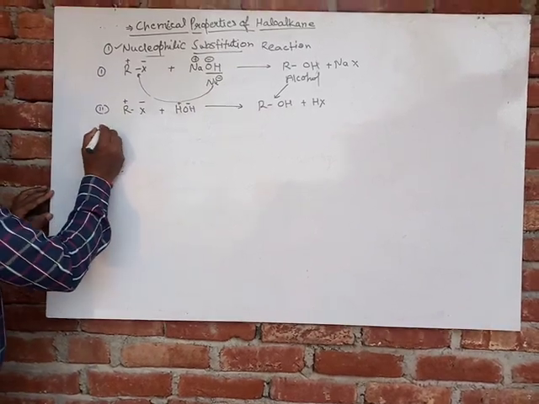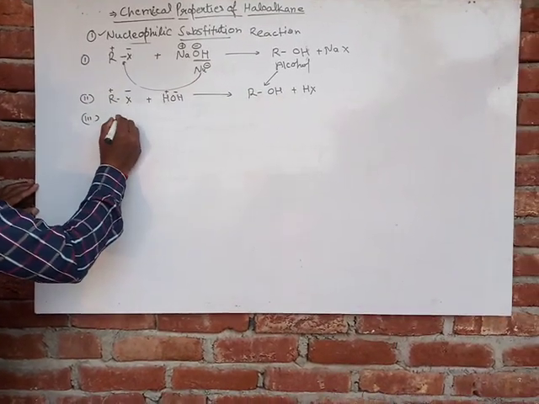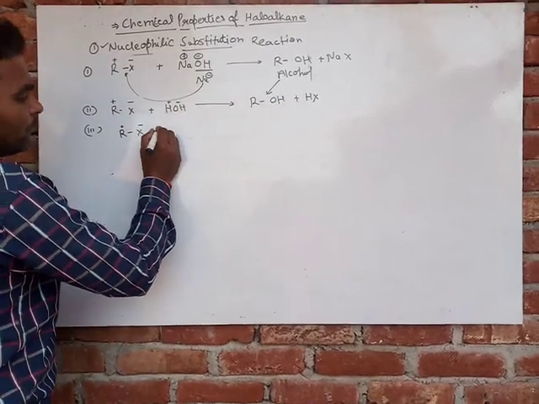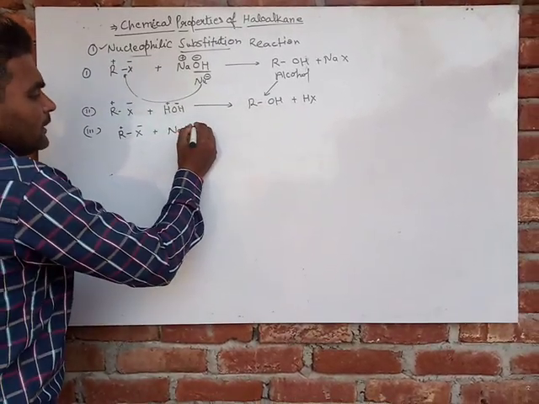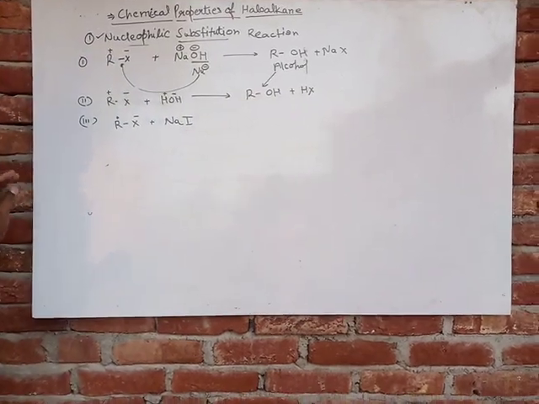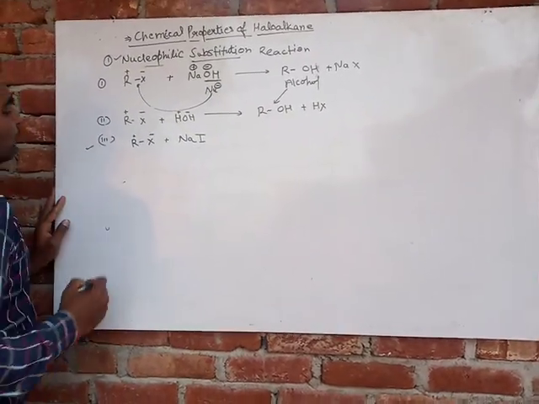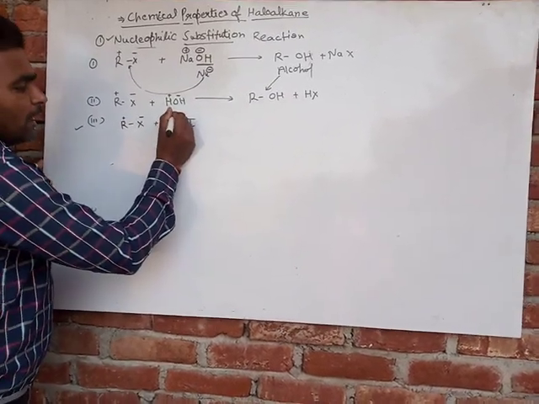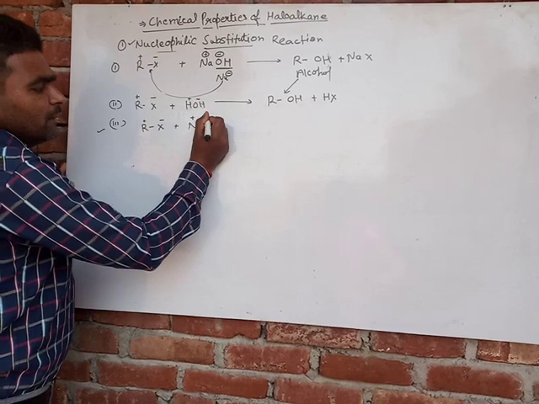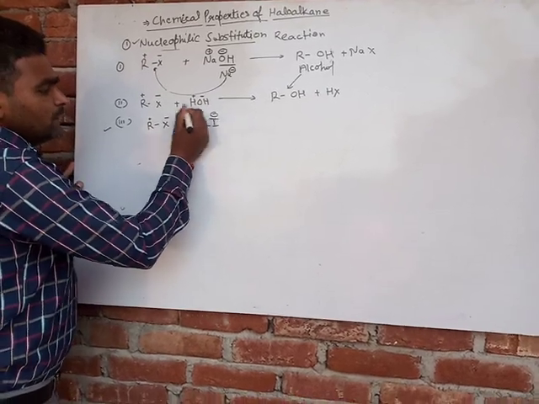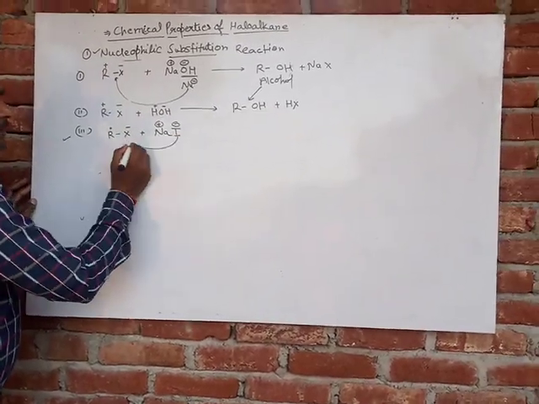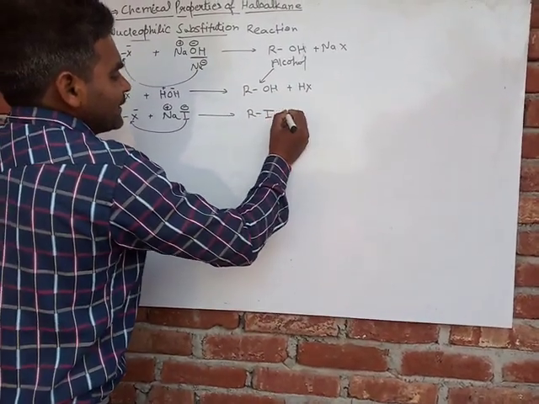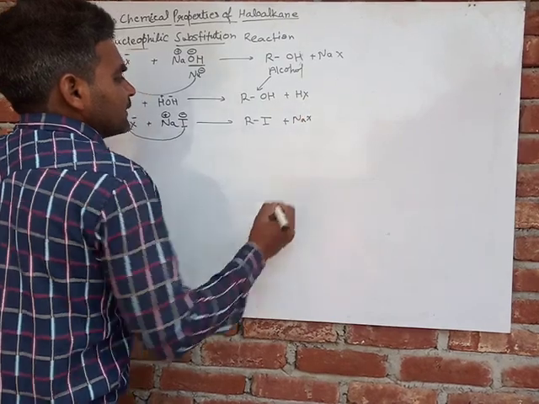And the other reaction of this category, we have RX, alkyl halide, plus NaI, sodium iodide. This is also called the Conant-Finkelstein reaction. Sodium is positive and iodine is negative, Na plus and I minus. Iodine replaces the halogen and forms RI plus NaX.